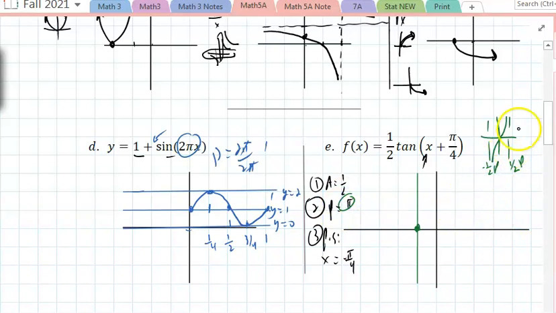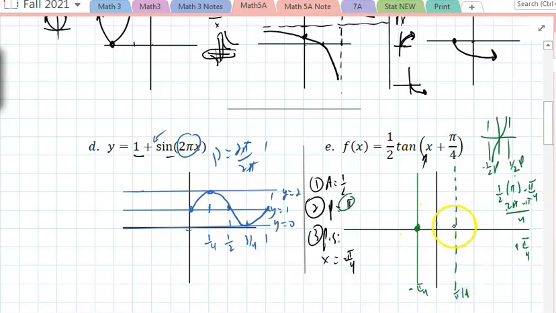If I take half of the period, which is pi over 2, and I add the shift of negative pi over 4, pi over 2 minus pi over 4 is pi over 4. So I know that the asymptote is at pi over 4.